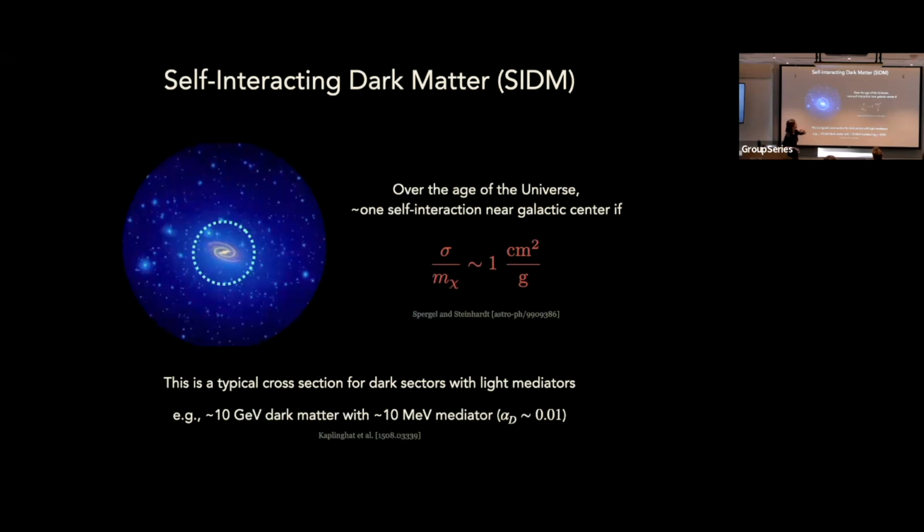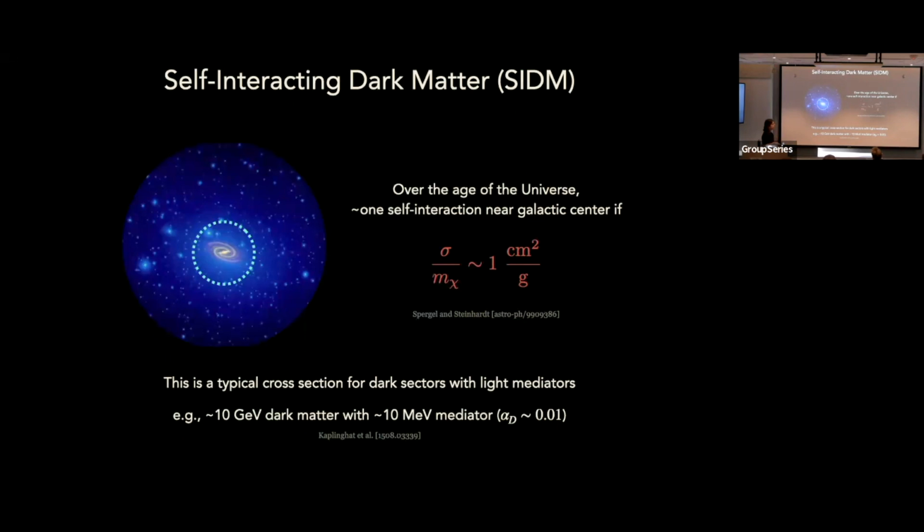If I look in the center of a galaxy, and I want at least one dark matter particle to scatter off another over the age of the universe, that will happen with an interaction cross-section of about 1 centimeter squared per gram. So that was the target they set in that paper.